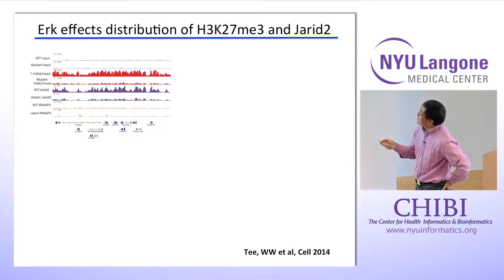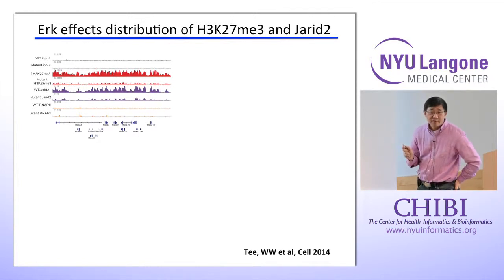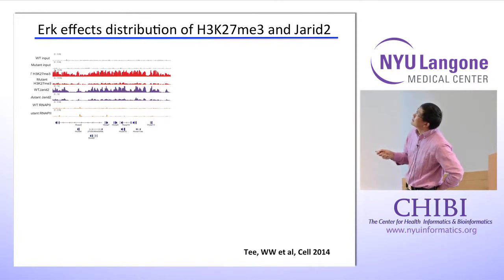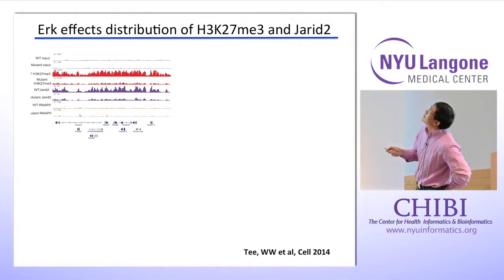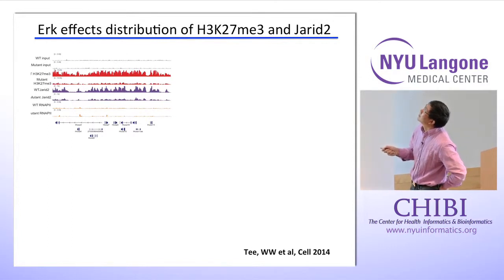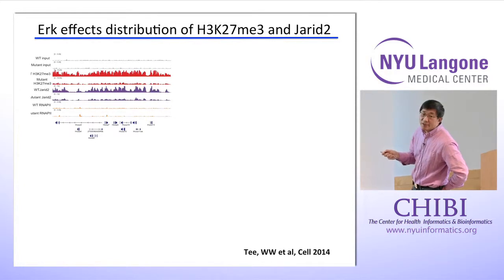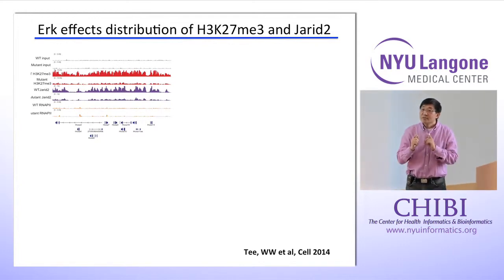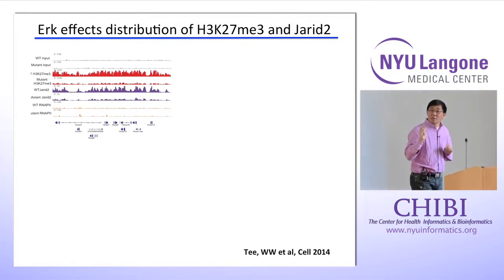Then what we did is knock down ERK to see what happens. After knockdown, you can see that K27 goes down, and also Jarid2 goes down. In the wild type, they are occupied. That tells us there's some functional correlation.